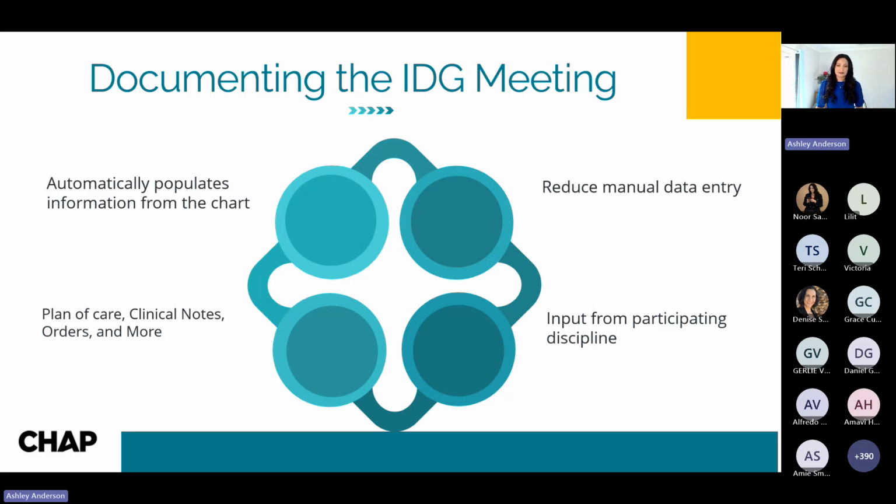And most importantly, every IDG update serves as an order. So once the MD signs off on it, it is an official document along with the other applicable signatures as well. And this also doubles as your new and update frequency order form.